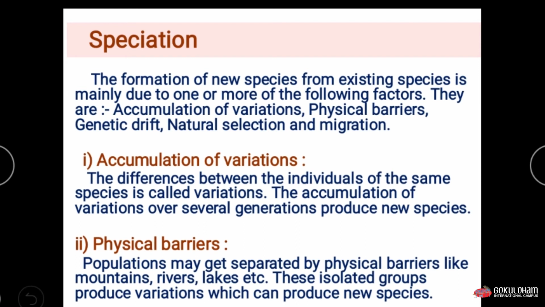What is speciation? Speciation means the formation of new species from existing species. In simple language, speciation is the process of formation of new species from the existing species.